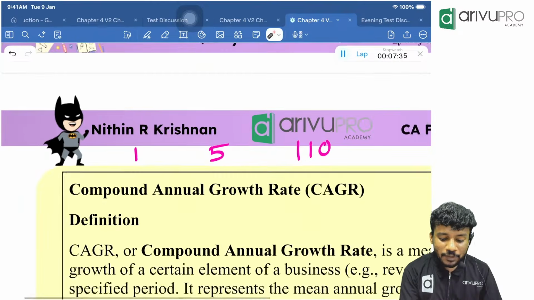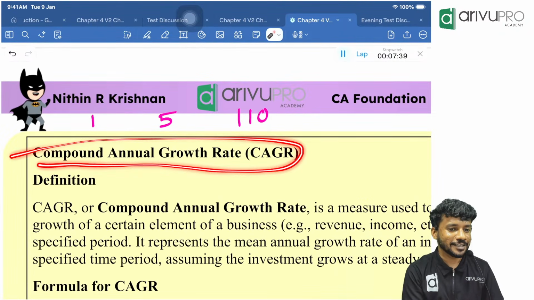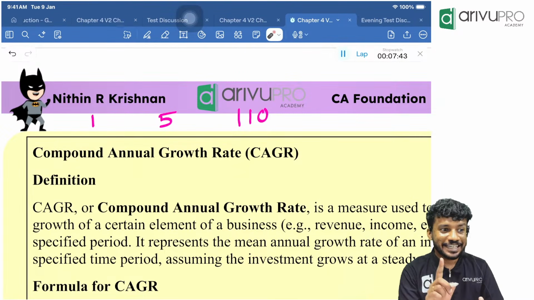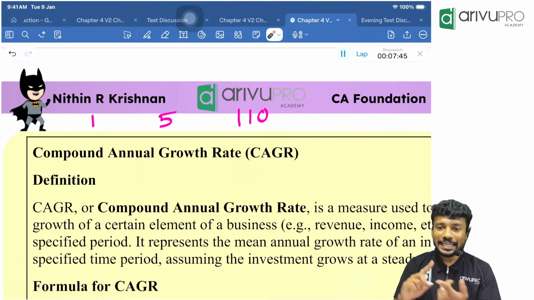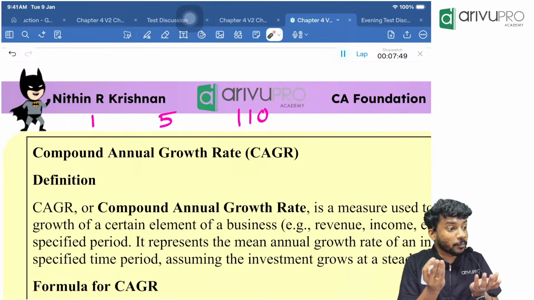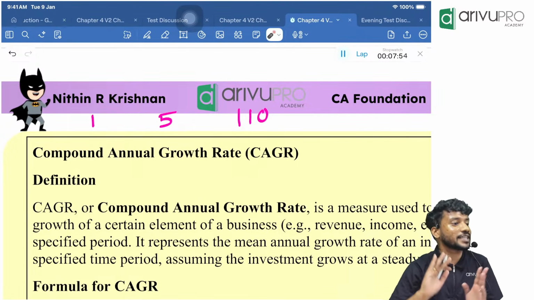So that can be found using a concept called compound annual growth rate. What is the use case of this? Not to understand your knowledge. In companies, they can measure the increment in their profit, how much the profit of a company increased over a period of time with respect to the second year or first year.